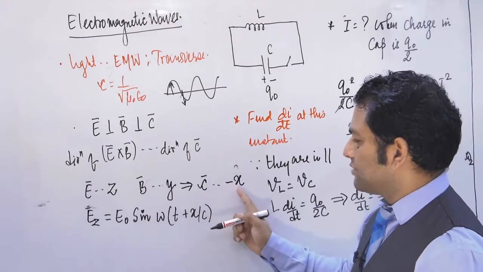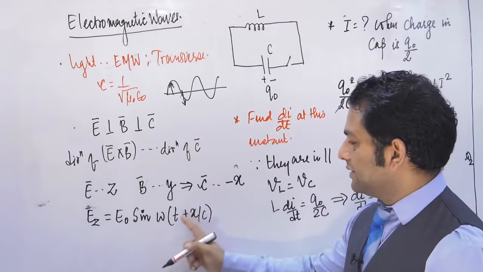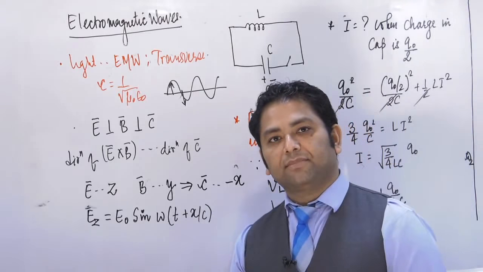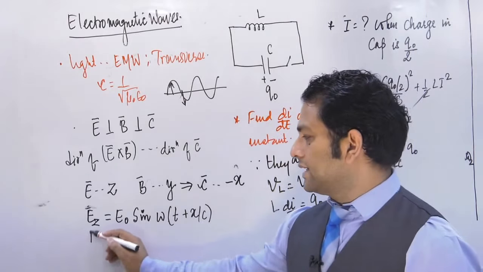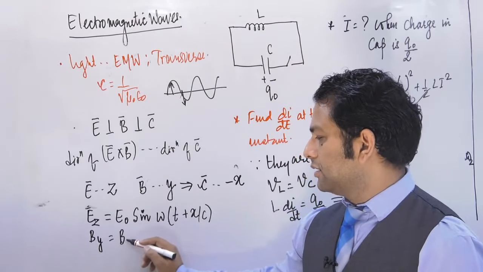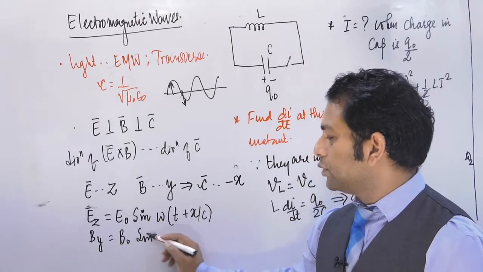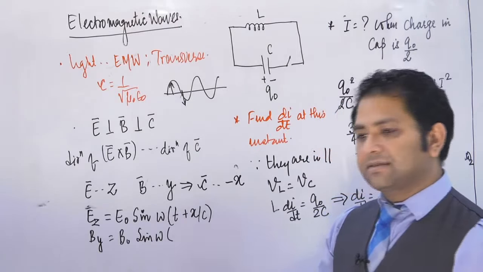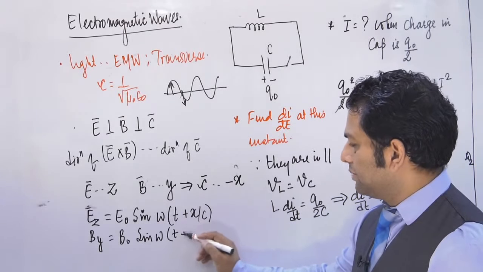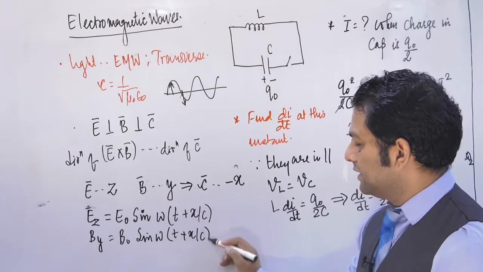Since the wave is traveling in negative x, the sign of t and the sign of x should be same. Similarly, the magnetic field B in y direction is B naught, again sine, and that's t plus x by c.